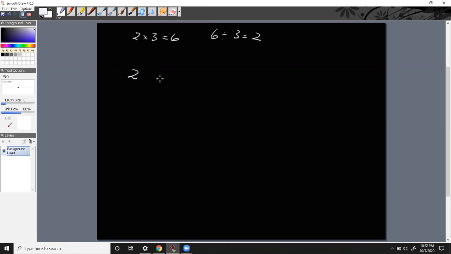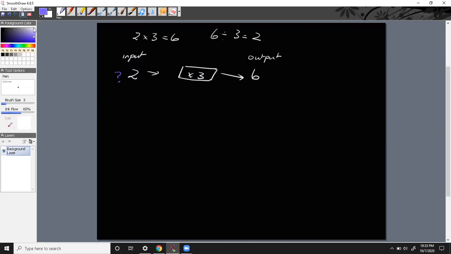Say we have an input of 2, and we are using a function machine, if you like. We're multiplying by 3, and out has come 6, so that is the output. We're pretending that we don't know what the input is.